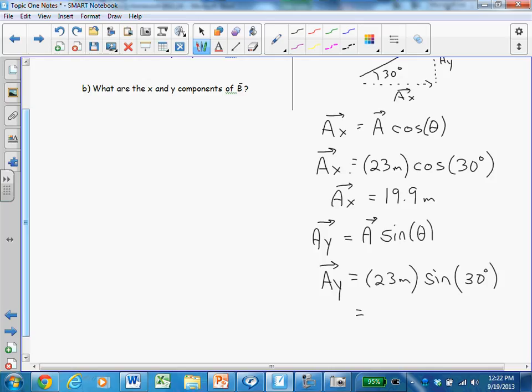So 0.5 would give us what, 11.5? I know, but I have to switch back and forth, you know? So sometimes I'm here, but then I move over quickly. All right, so we have AX, 19.9, and AY, 11.5.